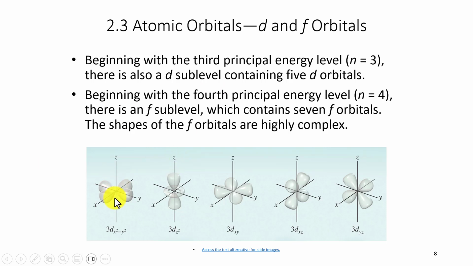Note that as I go from the s to the p to the d to the f sublevels, just like if I go from energy level 1, 2, 3, 4, the energy increases.